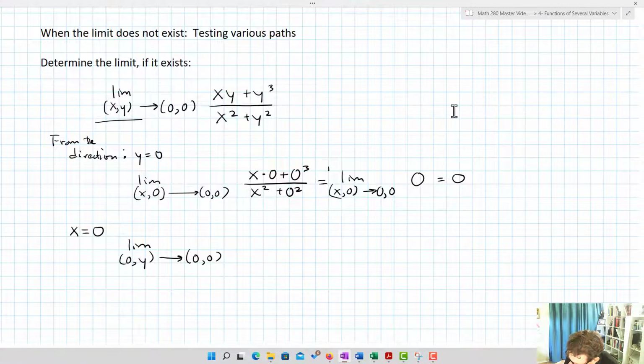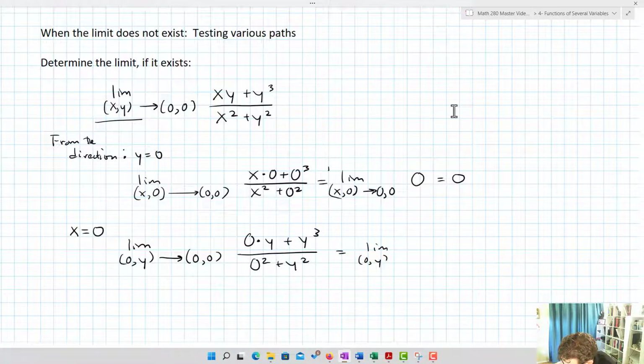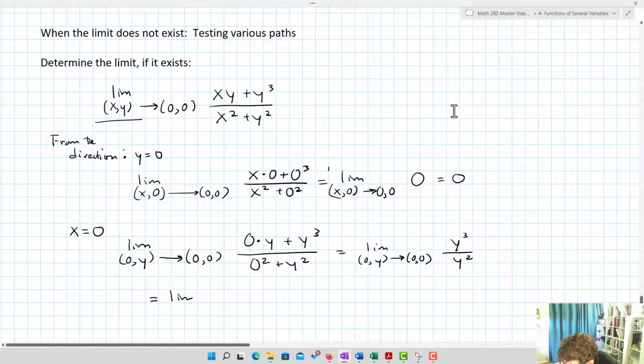Now I put that in, that's going to be 0 times y plus y cubed over 0 squared plus y squared, which is now the limit as (0, y) approaches (0, 0) of y cubed over y squared, which equals the limit as (0, y) approaches (0, 0) of y.